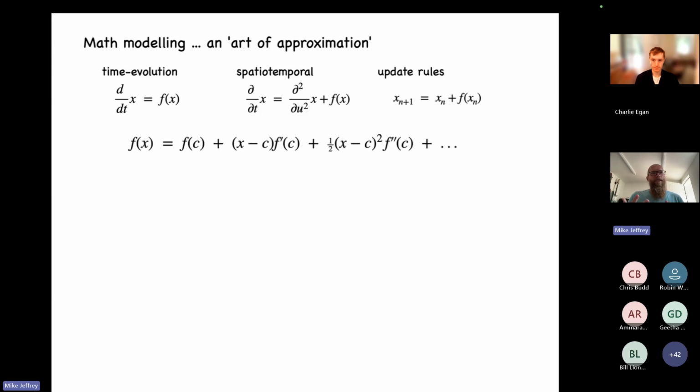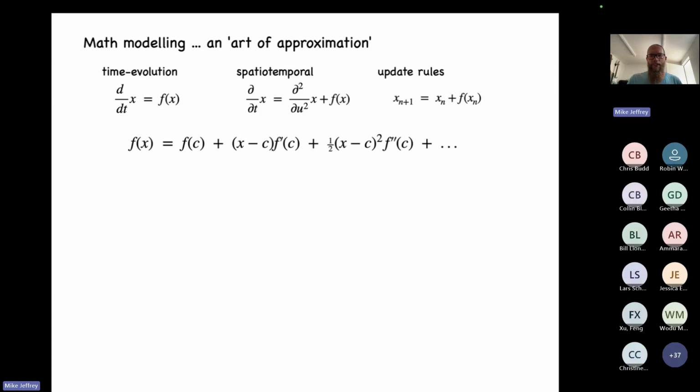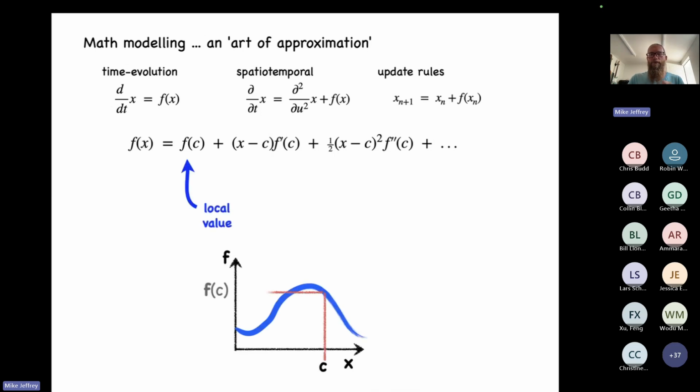This is an abstract way of writing the thing as successive terms of a Taylor series, but you might instead be trying to build in different biological aspects to a model of cell growth and voltage changes, or frictional changes in a mechanical model. But you start off with your local information. You have at a point, you know what your function is, what your system looks like.